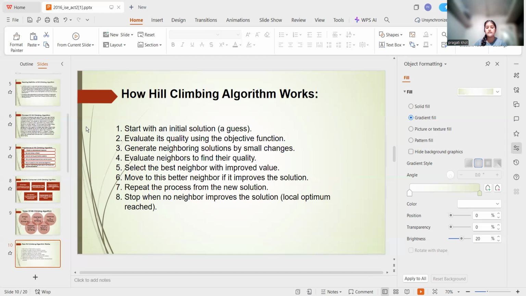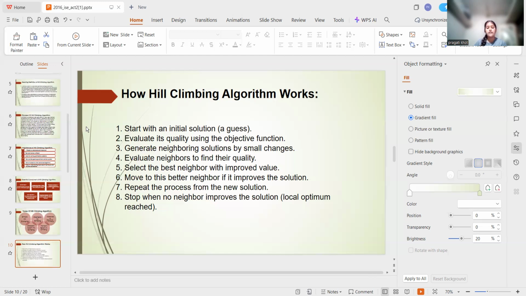Third, generate neighboring solutions by small changes. Look at all possible next moves from the current solution. Fifth, select the best neighbor with improved value. Choose the neighbor with the highest value for maximization or the lowest value for minimization.